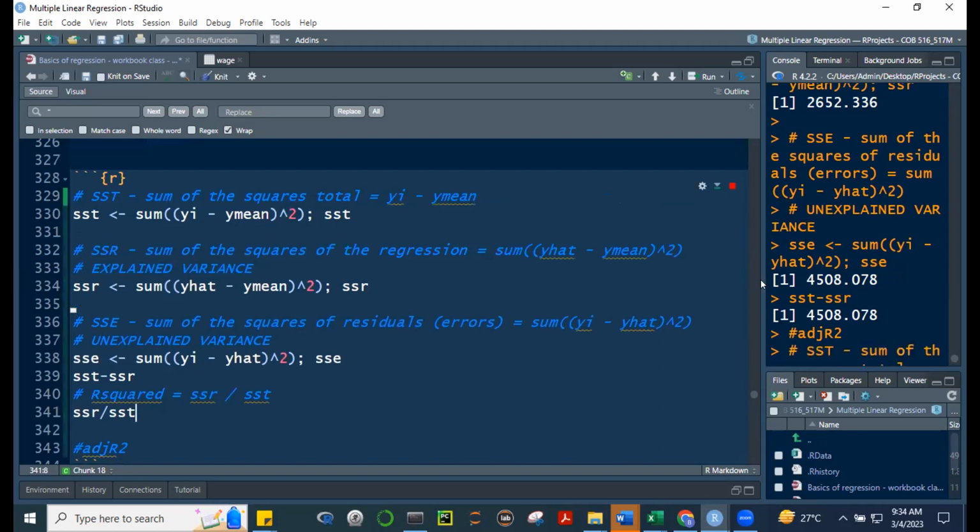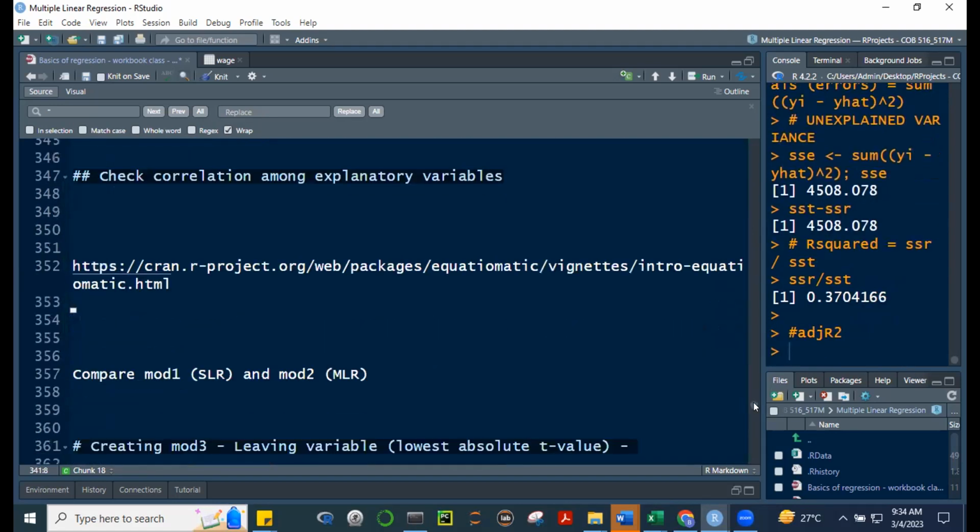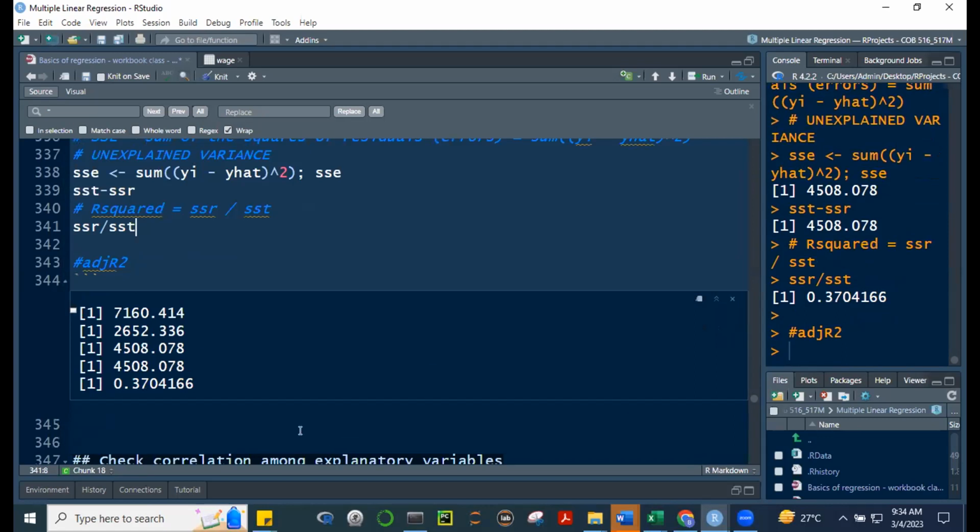If I run everything again, right? So that's 37.04. Okay, so this is our, okay, let's give this a name, R squared. Or maybe let me call it R2. R2.